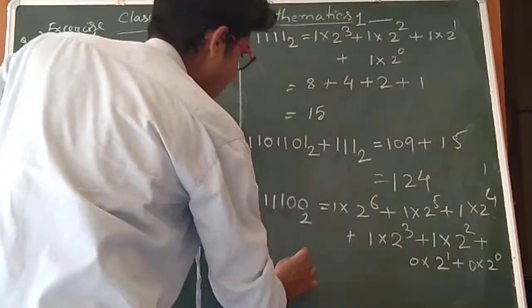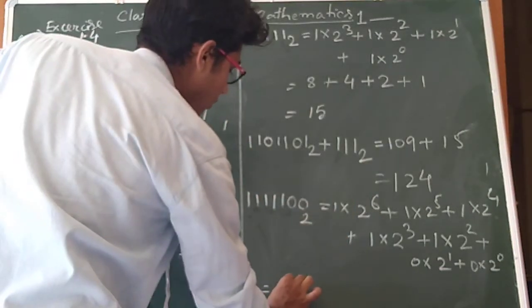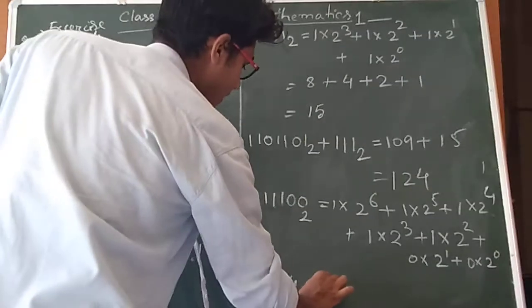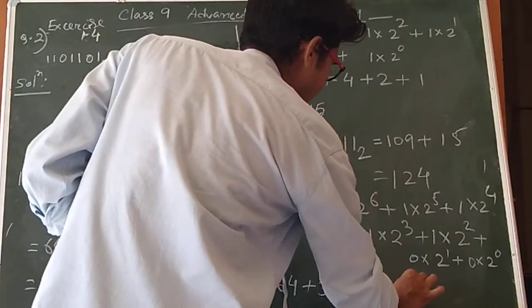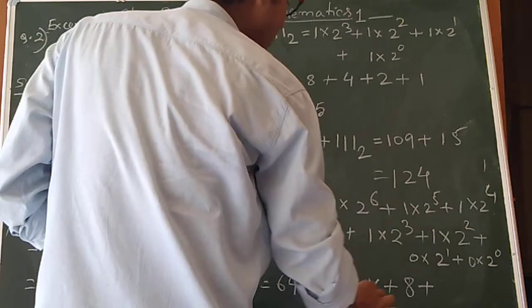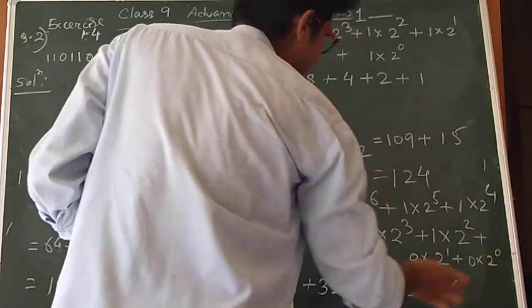So our result is what? 2 to the power 6 means 64. 2 to the power 5 is 32. 2 to the power 4 is 16, 2 to the power 3 is 8, 2 to the power 2 is 4, and these two results are 0.